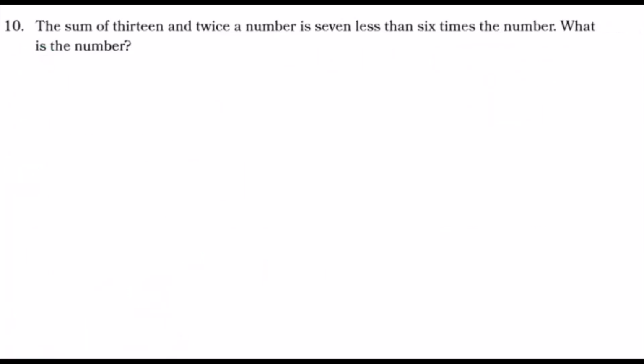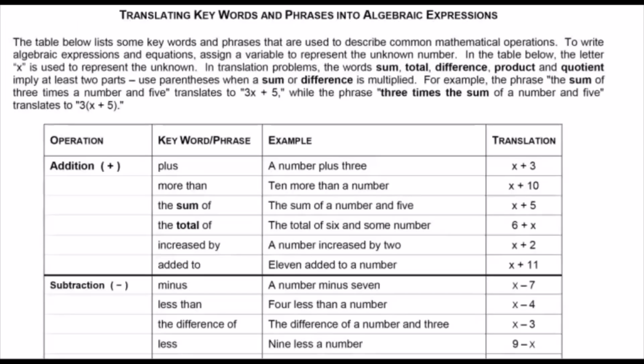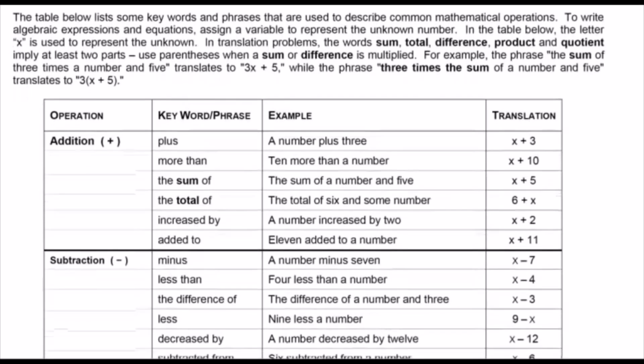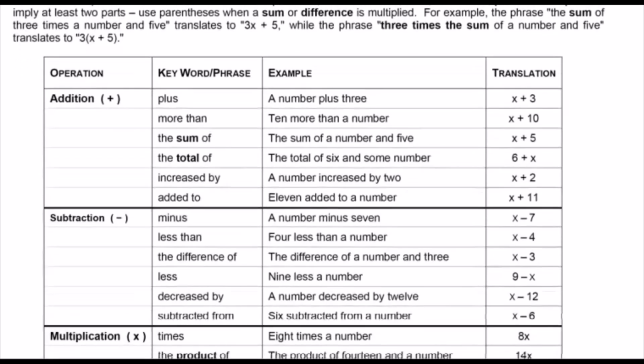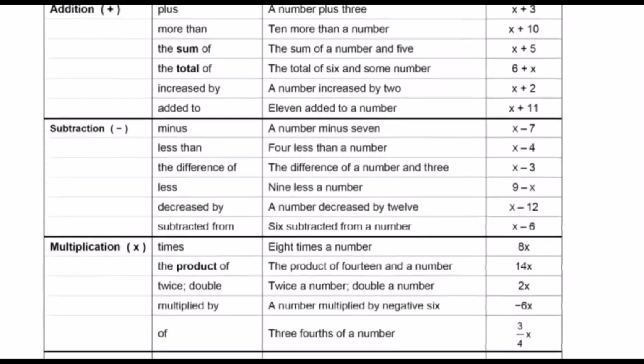Here we're going to get into some literal translation of word problems. This is the handout that I will be providing in class. I'm going to try to slowly scroll through it so that if you need to amend notes, you can, and you should be able to pause as needed.